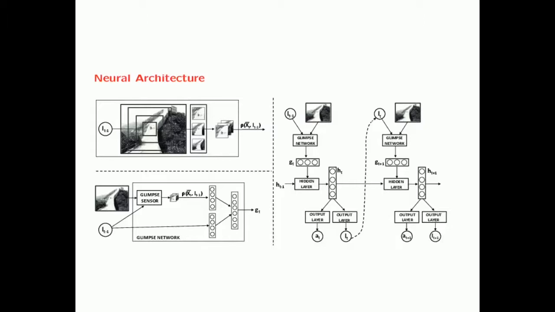You can see at the first location you have l_{t-1}, which is the location. Then the glimpse network processes this image and creates a representation of the image, and then you have a hidden layer which again processes the image, and then you have an output layer which gives two outputs.